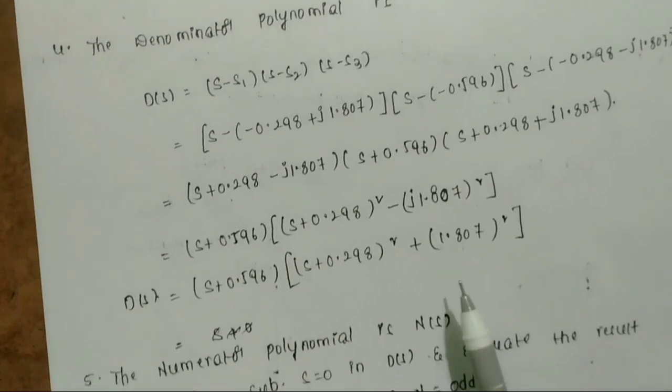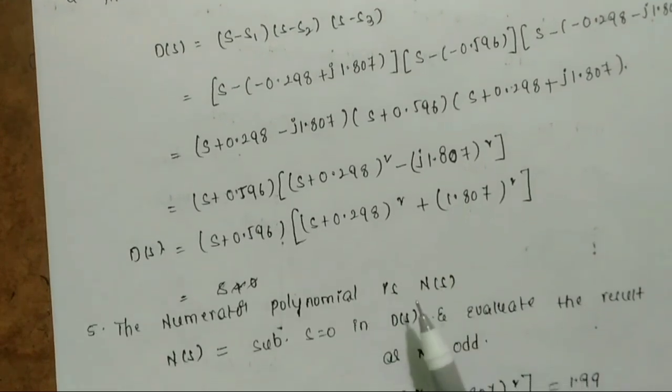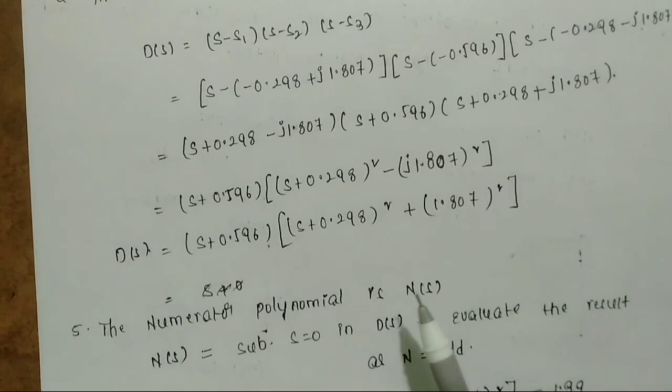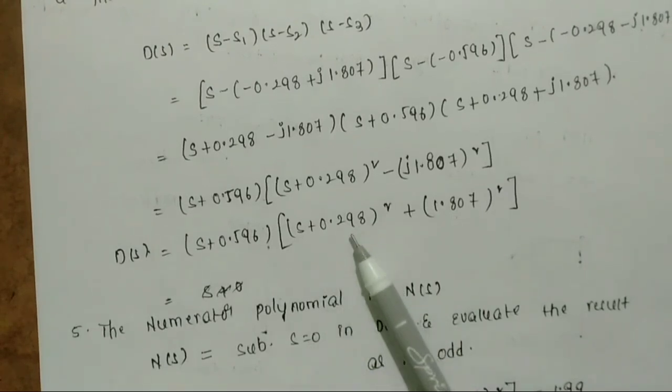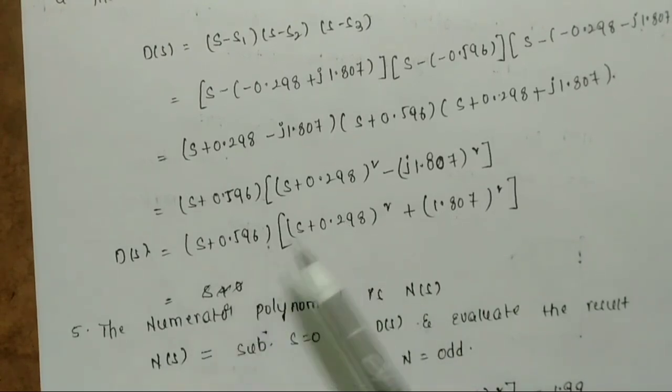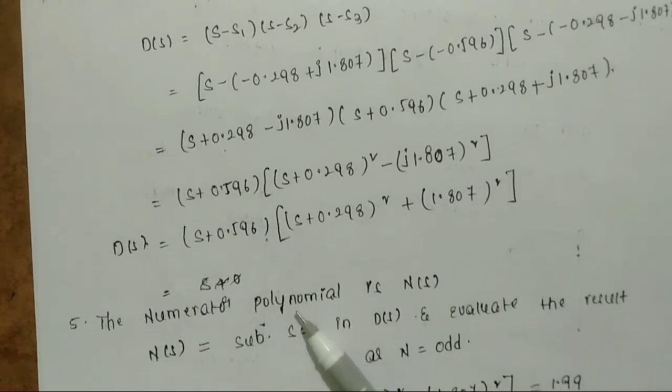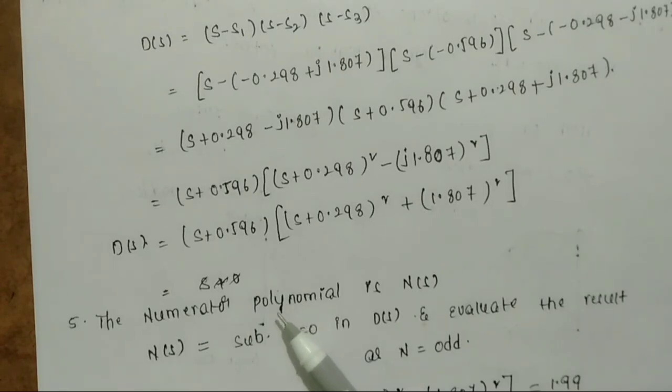Okay, now the next step is calculating the numerator polynomial value. We don't have any separate numerator value, so you have to substitute s equal to 0 in D of s, and you will get N of s. After substituting s equal to 0, you have to divide the result by 1 plus epsilon square when the n value is even, but here the n value is 3, which is an odd number, so you don't need to divide the result by 1 plus epsilon square.